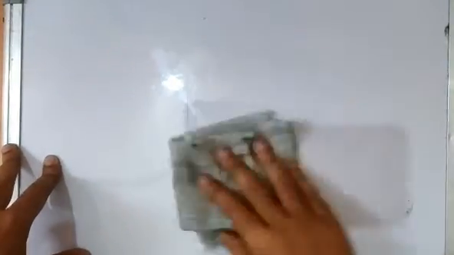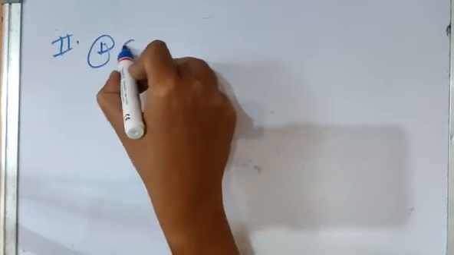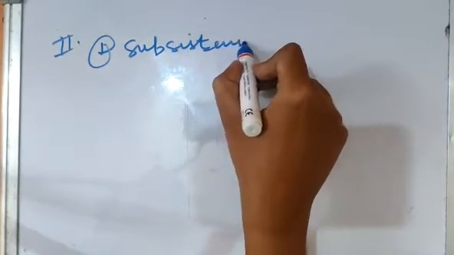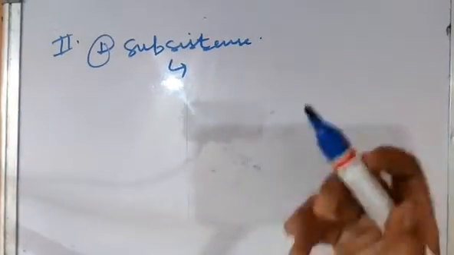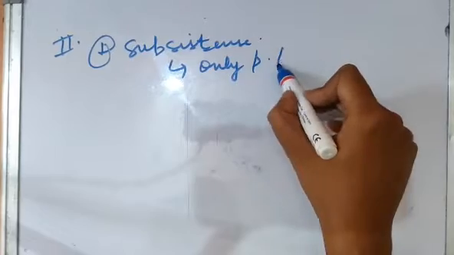Moving on, some other types, on the basis of what type is produced and how much is produced. We can say subsistence, that is only produced to survive.